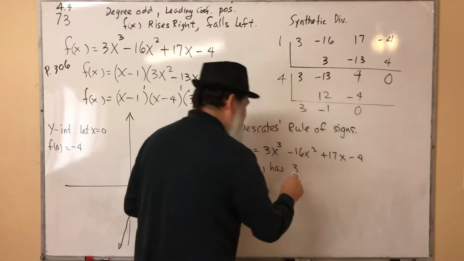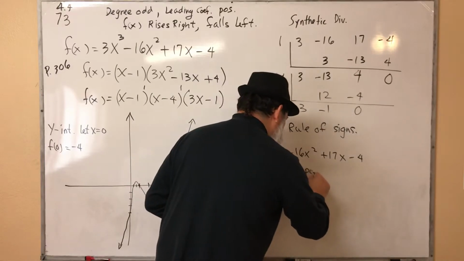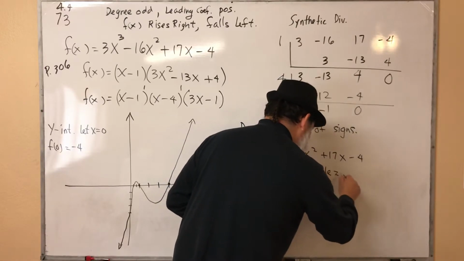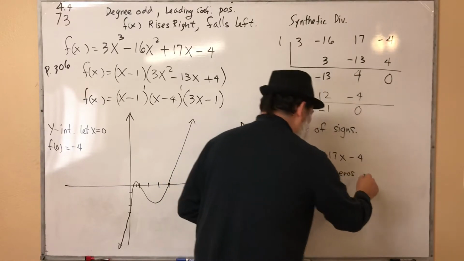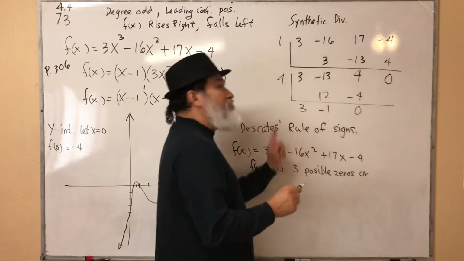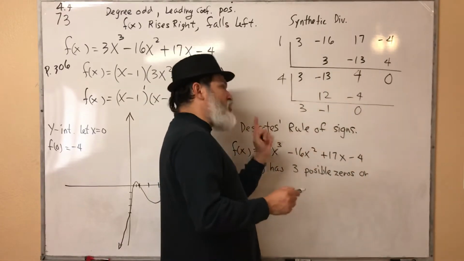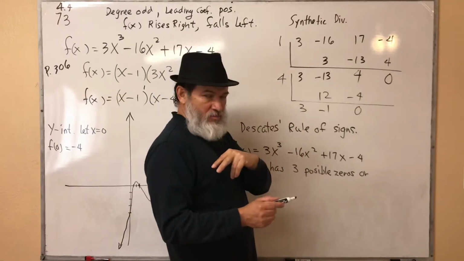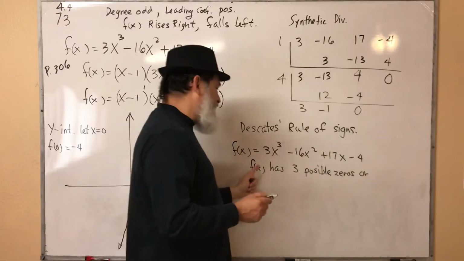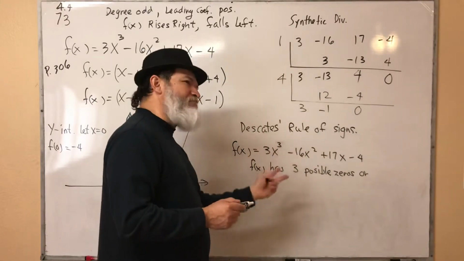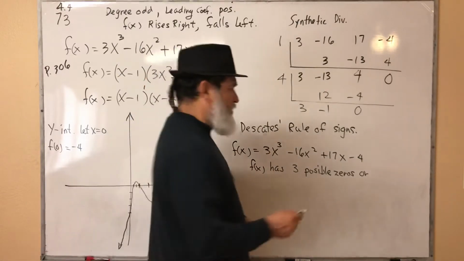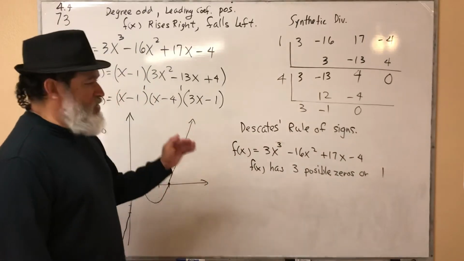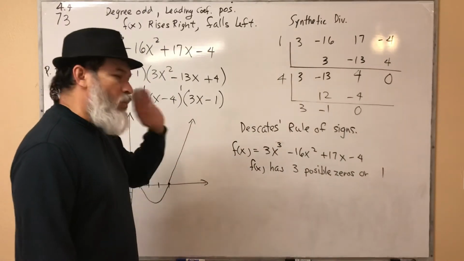So f of x has 3 possible zeros or 3 minus 2. What's 3 minus 2? 1. It has 3 possible zeros or 1.